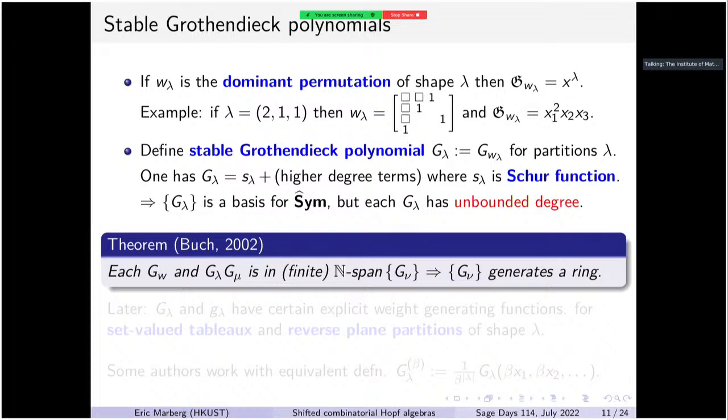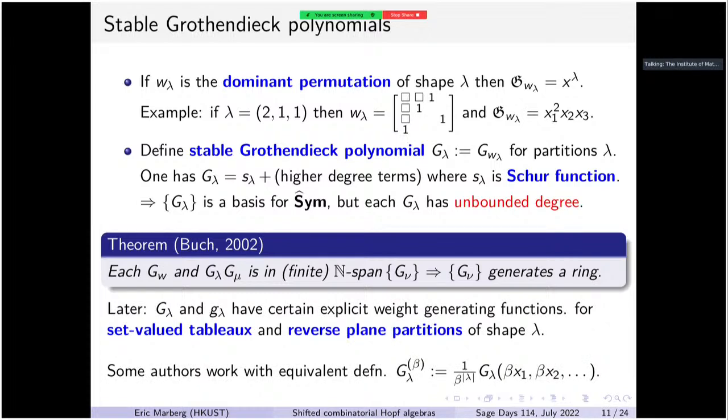And also, if you take any product of G lambda and G mu, even though in principle it could be an infinite linear combination of these unbounded degree symmetric functions, because you might have to correct terms at arbitrary degrees, it turns out that these products are also finite spans of other G nus with non-negative coefficients. So in other words, these guys generate a ring.